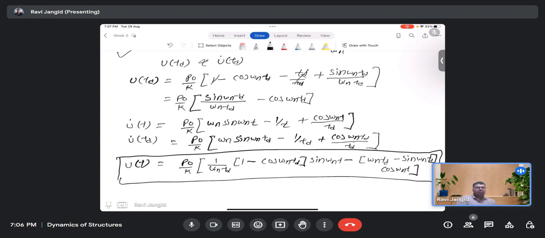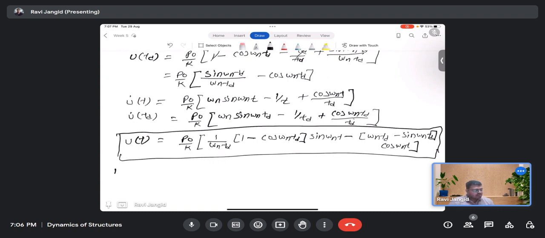So now I need to find out at what value of t the response is maximum. So now we need to calculate part B, the maximum response.